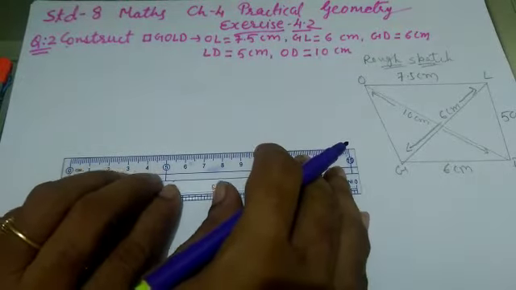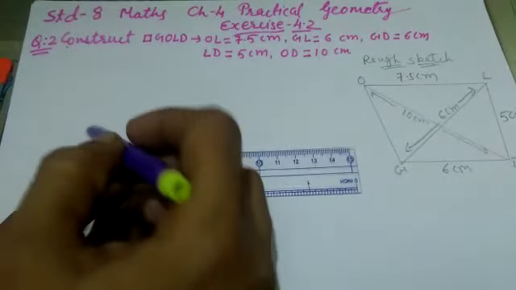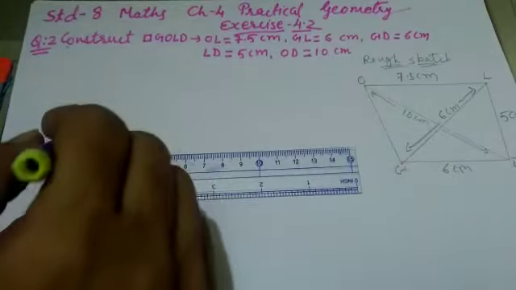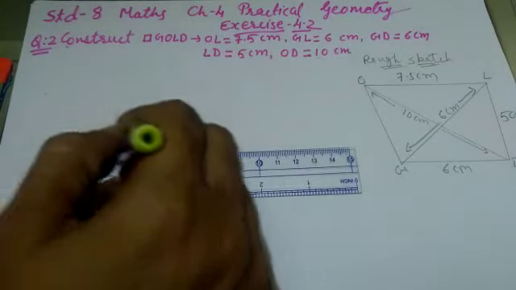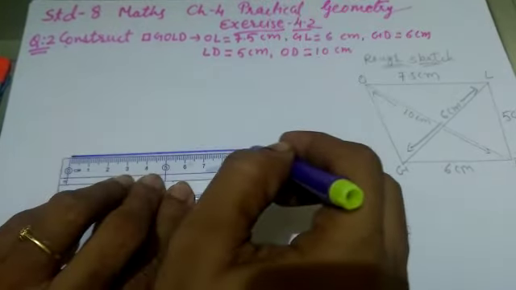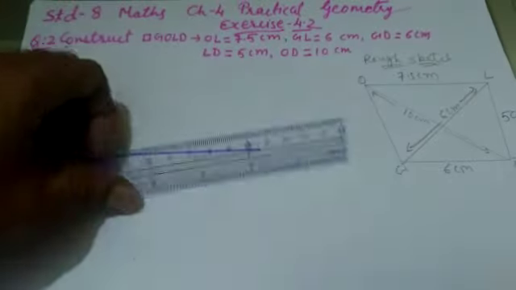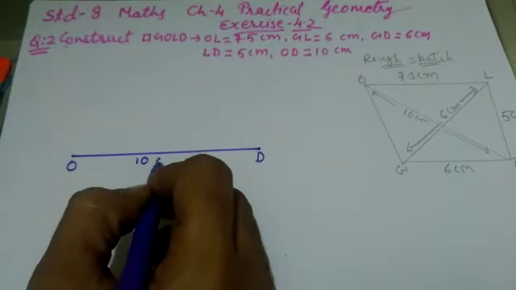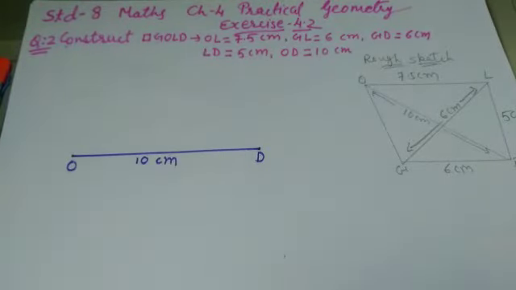So first step, I repeat, to draw line segment OD 10 centimeter. With the help of scale, draw line segment OD 10 centimeter this way. Okay, and put the point O and point D and also mention its length, that is 10 centimeter.